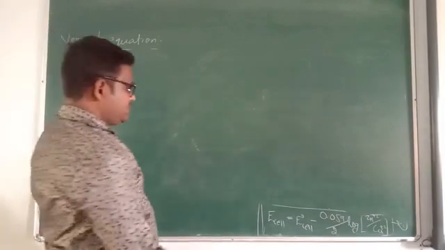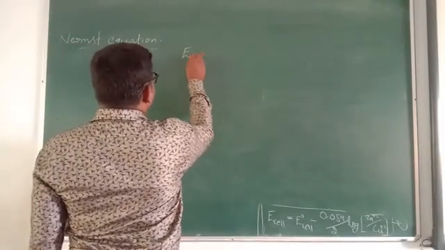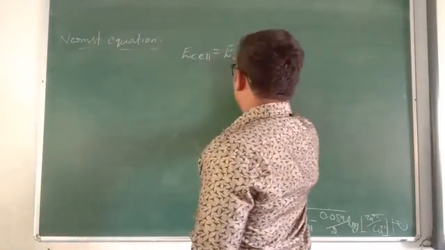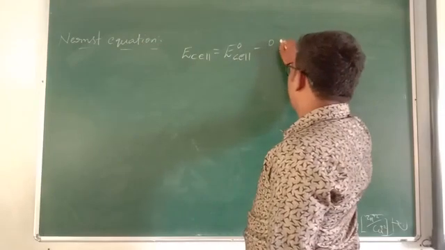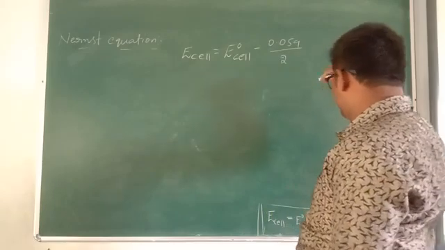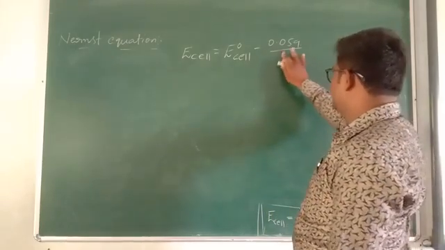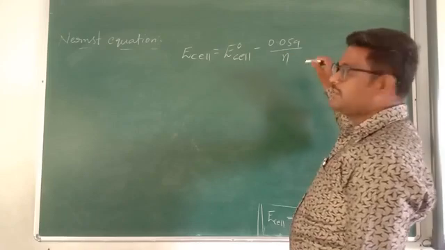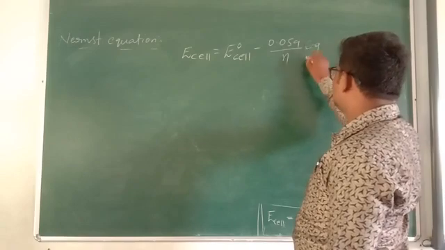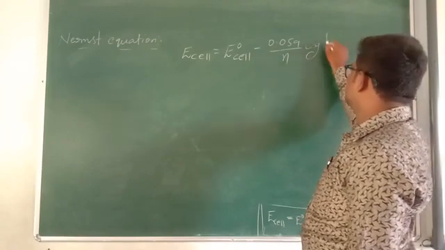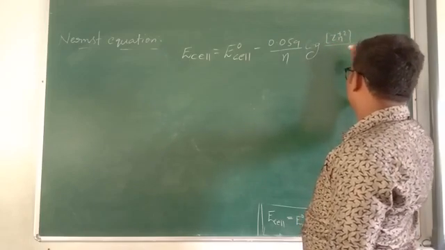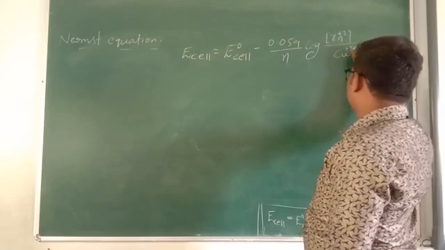So we derived the Nernst equation. This is the Nernst equation. E cell is equal to, for the Daniel cell we derived, E naught cell minus 0.059 by 2, where 2 is the number of electrons for the Daniel cell. Otherwise, we can generally write n, the number of electrons lost or gained, log Zn ions concentration divided by copper ions concentration.